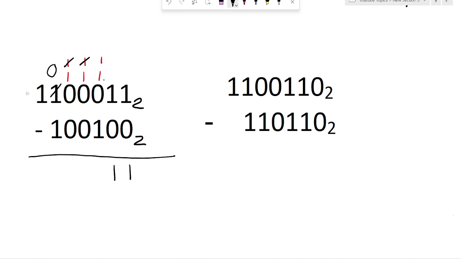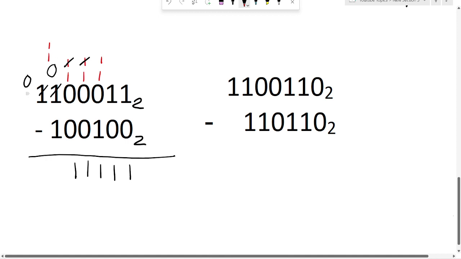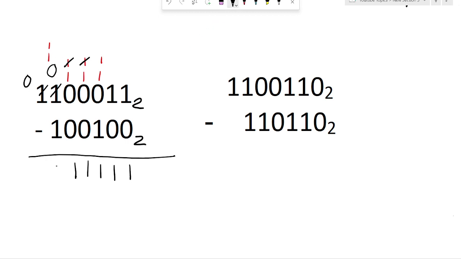Alright. 1 from 1, 1, or as we would say 2, is going to give me 1. 0 from 1 is 1. 0 from 1 is 1. 1 from 0 I can't. Still gonna borrow another set of 2, which I'll represent as 1, 1. 1 from 1, 1 is going to give me 1. Or as we would say, 1 from 2 would give me 1.